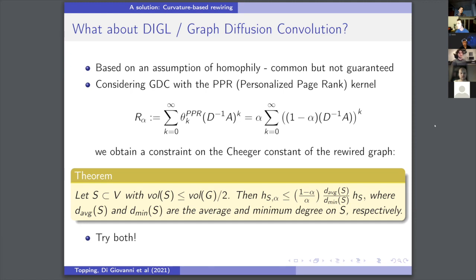Because you can have an intuition, say, I don't see why DiGL generally would help alleviate the bottleneck, which is the truth. And in fact, this is what this theorem is saying. What this slide is saying essentially is that you should not expect DiGL in general to alleviate bottlenecks. In fact, it's a method that is very effective on high homophily. We show this using the Cheeger constant, that you should not expect this alleviation to happen by using DiGL. So do you see the point more now? Otherwise, I don't see the point of your question.